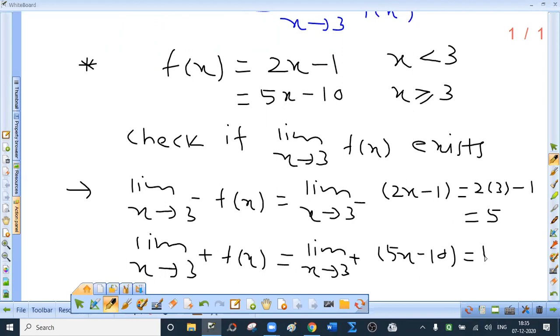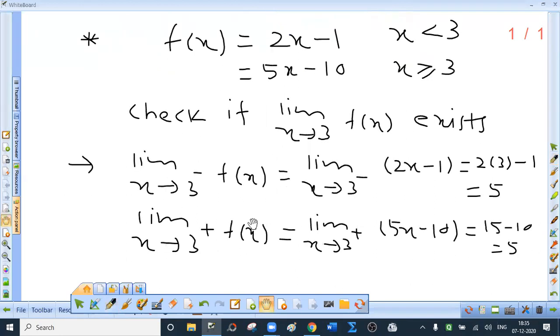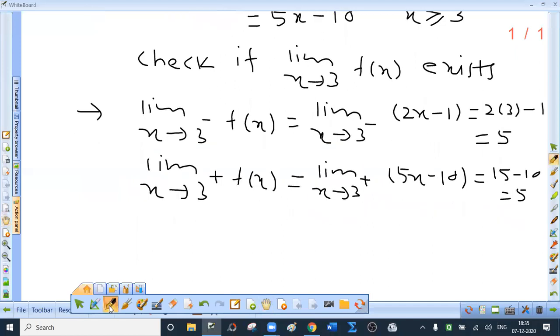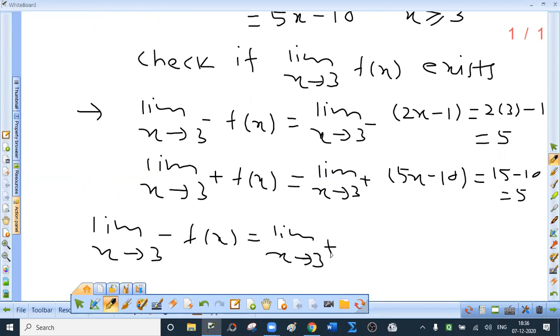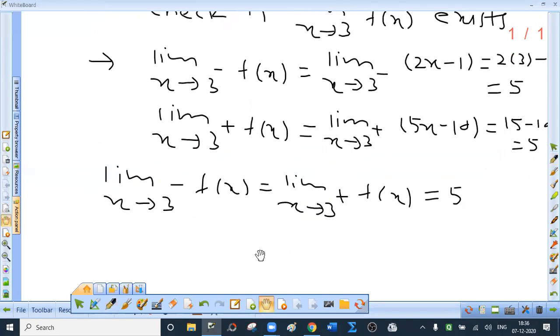I'm directly writing 5 into 3, 15 minus 10 equal to 5. Note that in this case, limit x tends to 3 minus f(x) equals limit x tends to 3 plus f(x) equals 5, and therefore limit x tends to 3 f(x) equals 5.